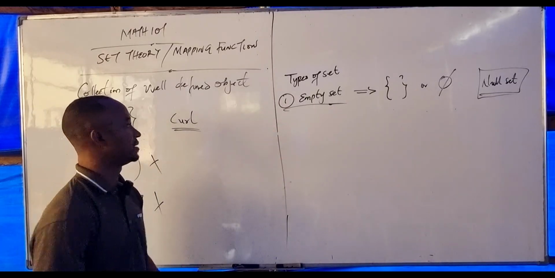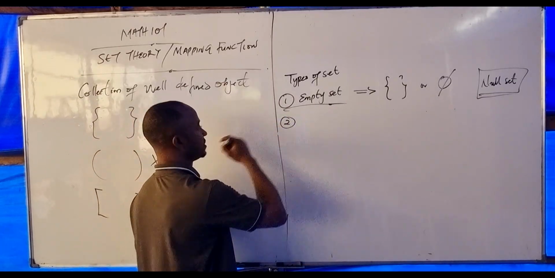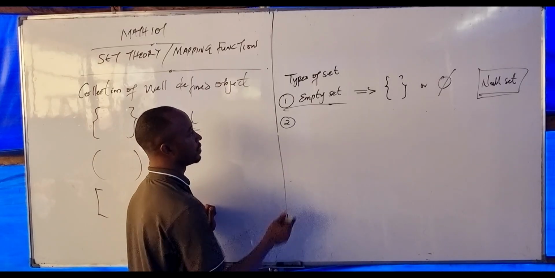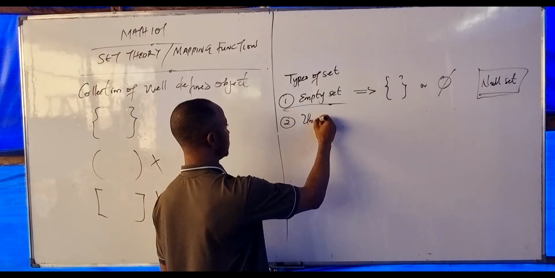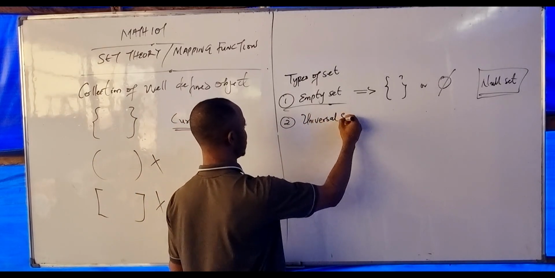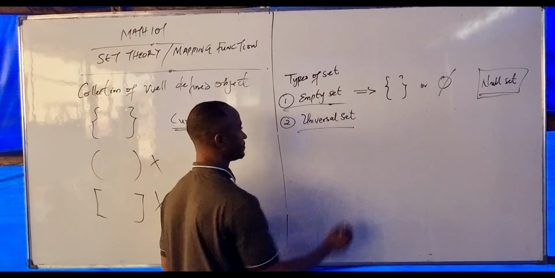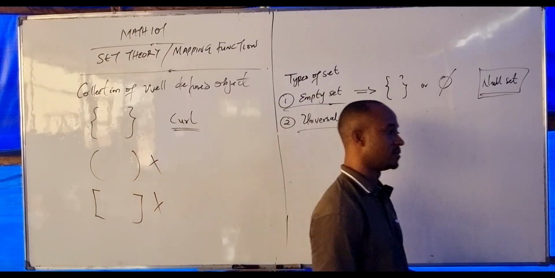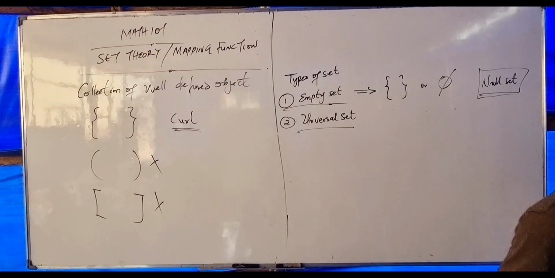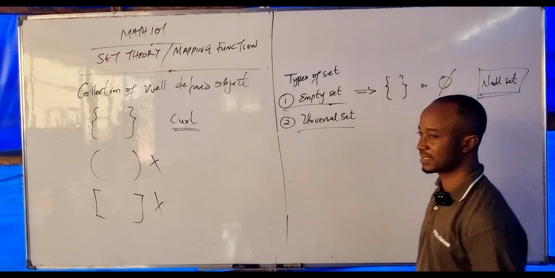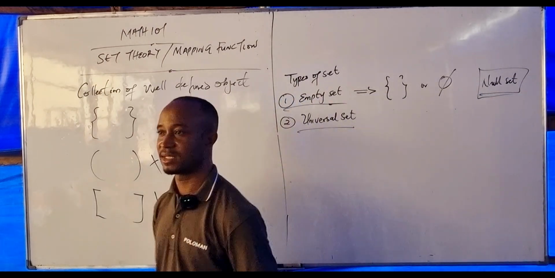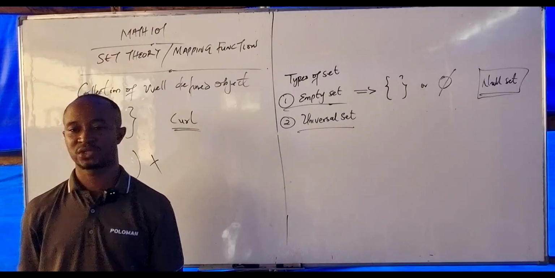Number two is what we call the universal set. Please write: a universal set is a set that houses every other subset.